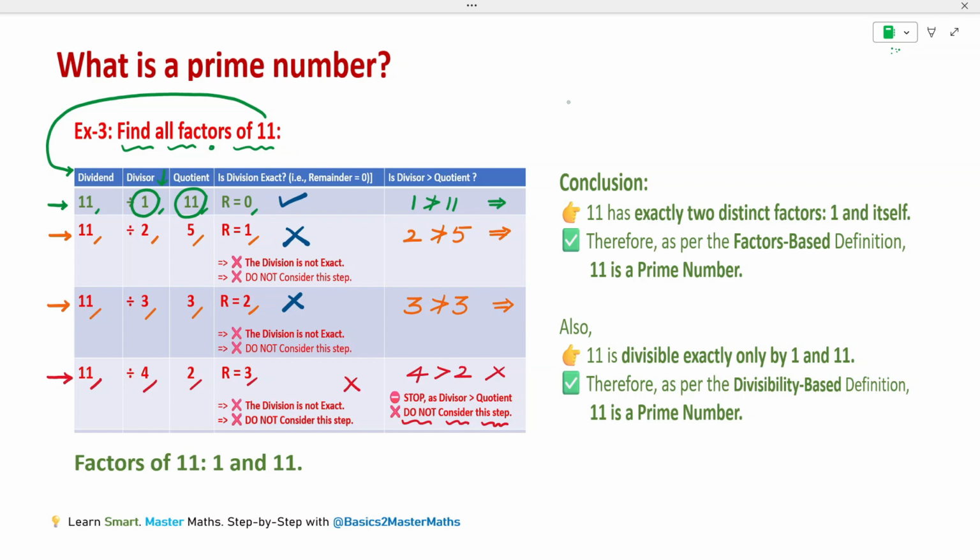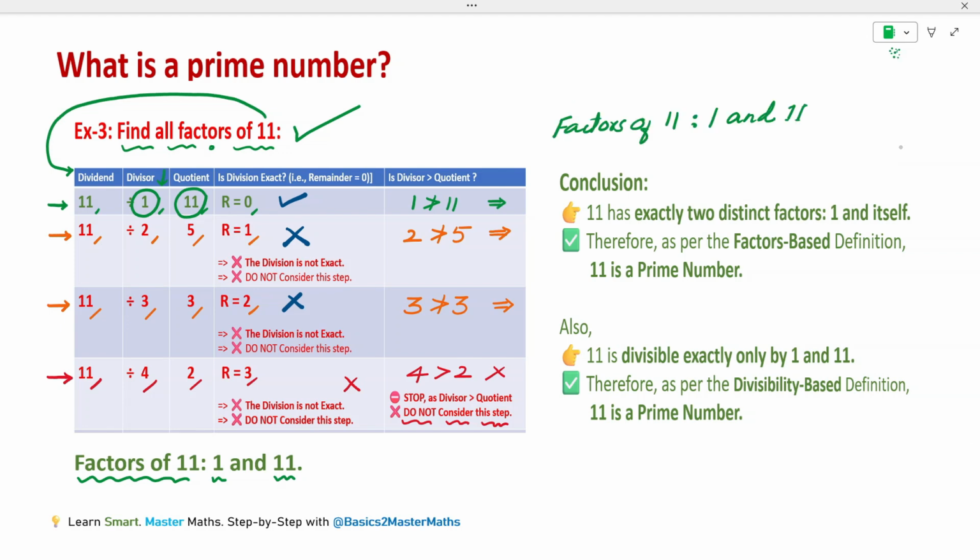Example 1. Yesterday, we discussed how to find all factors of 11. We found that factors of 11 are 1 and 11.